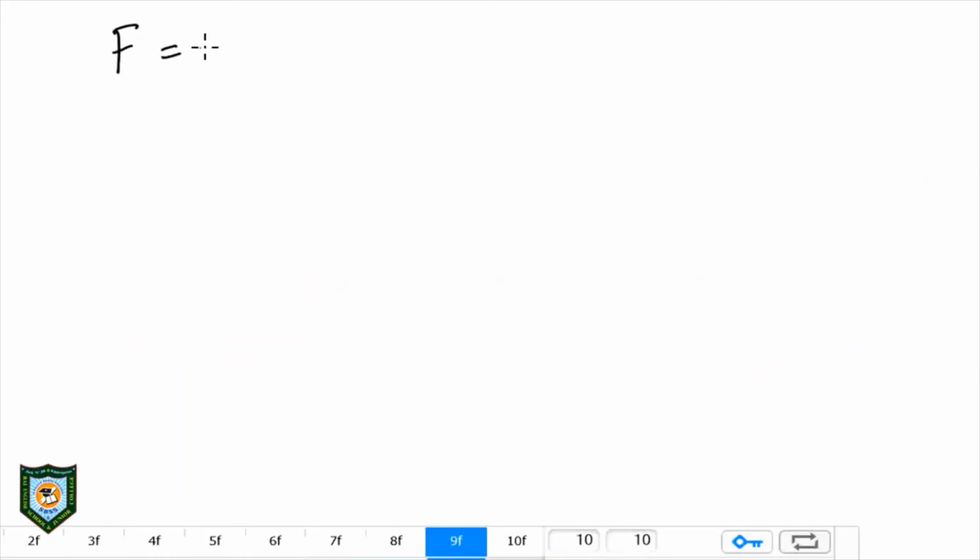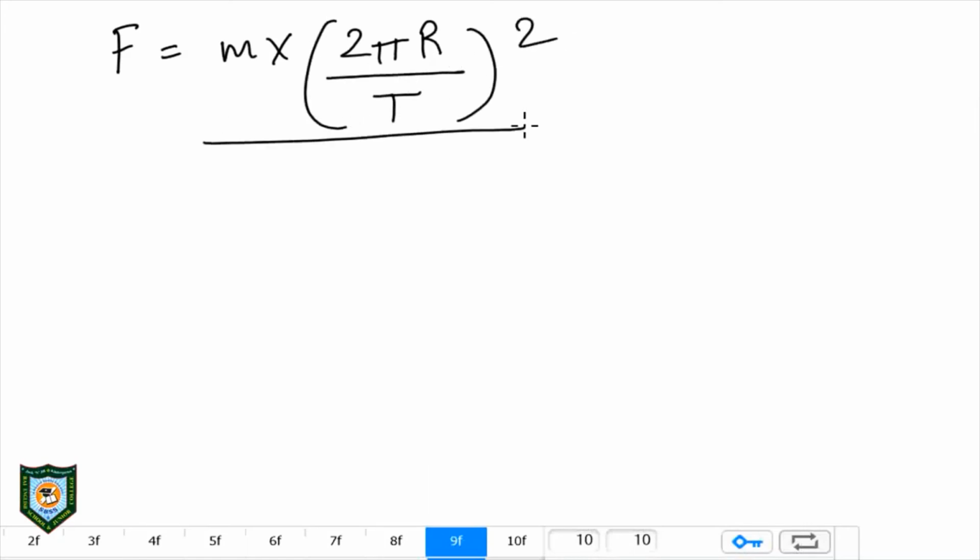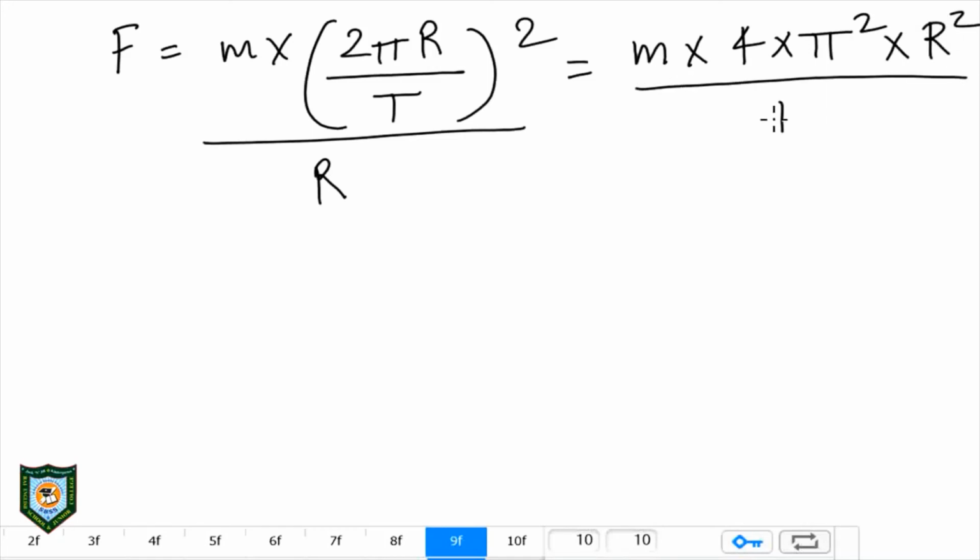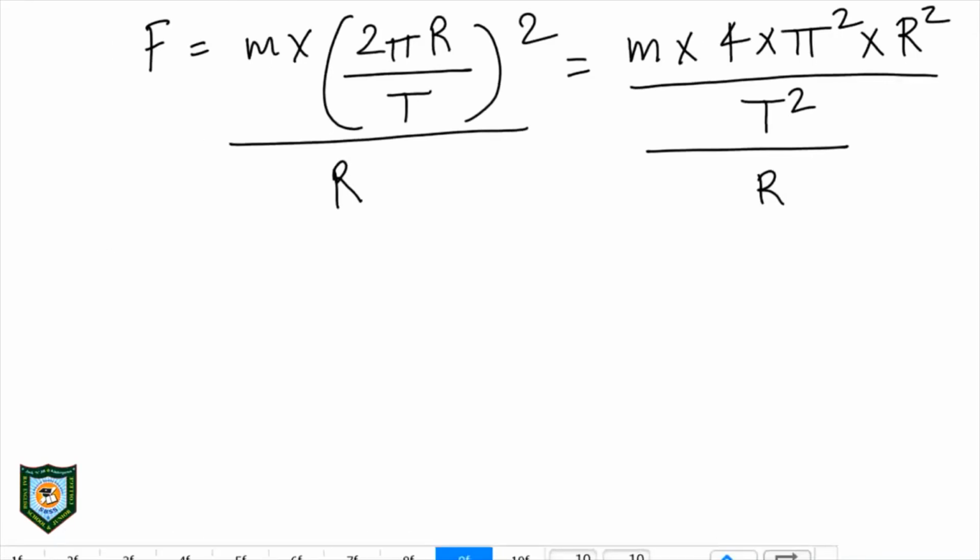We have F = m × (2πR/T)², keeping the square in mind, and that is divided by R. If we solve this, we get m into 2 squared is 4, π squared is π², and R squared is R², divided by T², divided by R. Now further solving this, we get F = 4mπ²R/T².